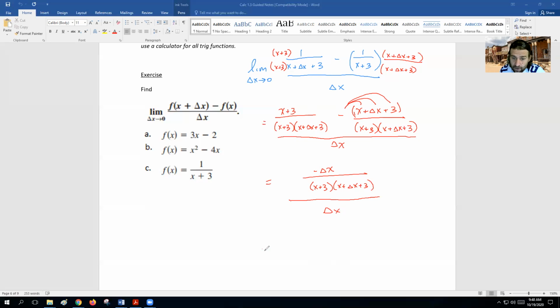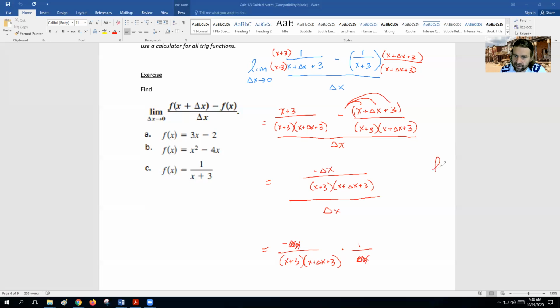Well, now what we can do is remember that the delta x, if we divide, we can take our expression times 1 over delta x, which cancels out this.